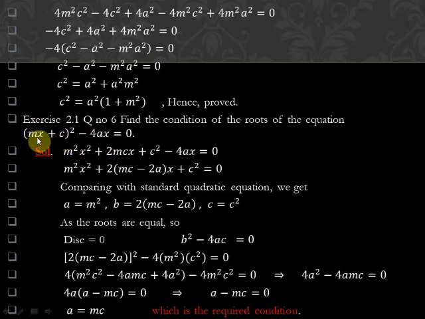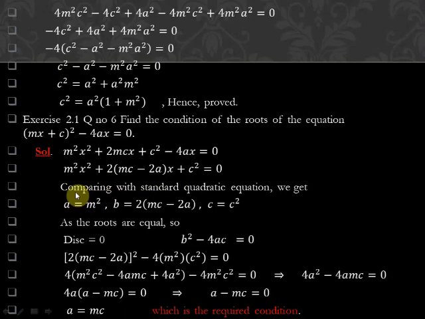We will get m²x² + 2mcx + c² − 4ax. On rearranging the values, we will get m²x² + 2(mc − 2a)x + c² = 0.